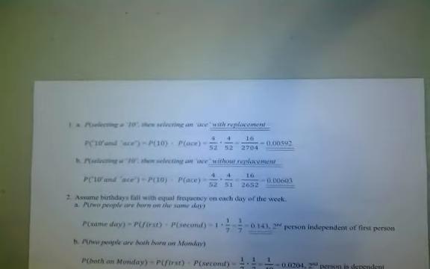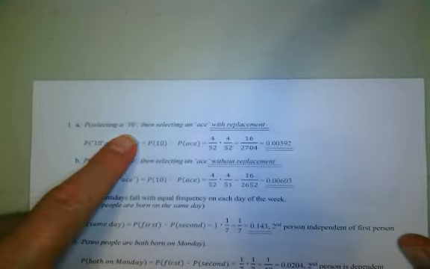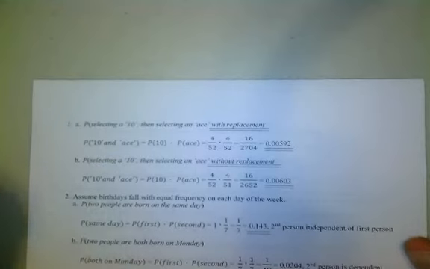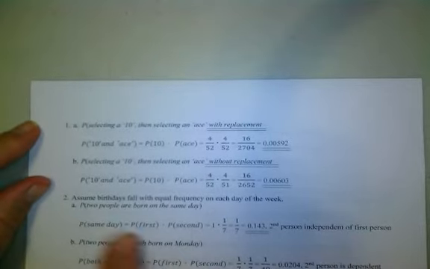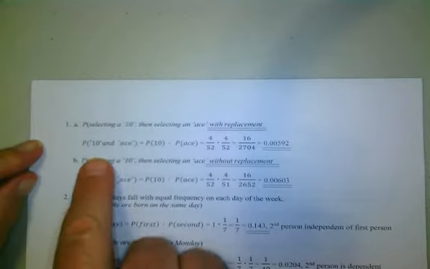So, first off, what is the probability of selecting a 10, then selecting an ace, with replacement? That means we pulled a 10 out of the deck of cards, then we put it back into the deck before we picked the ace. That's with replacement. So, because it's independent, we have the whole deck there again.